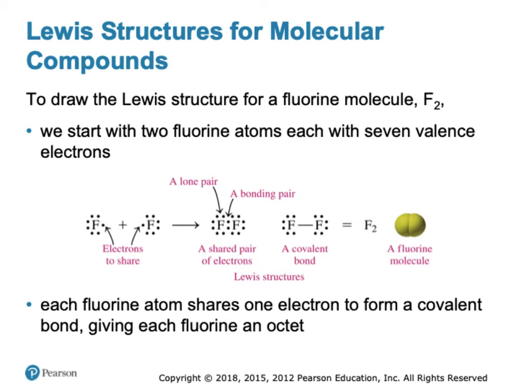All right, so we did draw some Lewis dot structures in chapter 4, where we looked at the number of valence electrons. We looked at the group number, and then we drew our dots around the atom. So here it says, draw the Lewis structure for a fluorine molecule F2. So the first thing that we're going to do is determine the number of valence electrons.